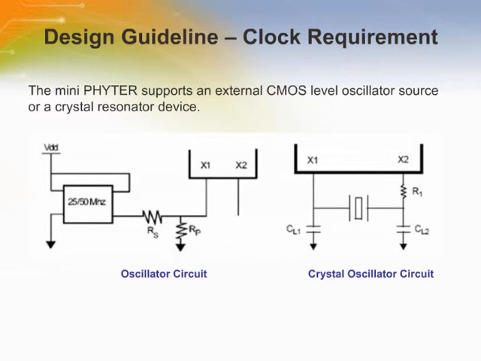For all Mini PHYTER family products, the use of standard RMII mode requires the use of a 50 MHz oscillator. If the external clock source is used, X1 should be tied to the clock source and X2 should be left floating. A 25 MHz parallel 20 picofarad load crystal resonator should be used if a crystal source is desired. The figure shows the typical connection for a crystal resonator circuit.